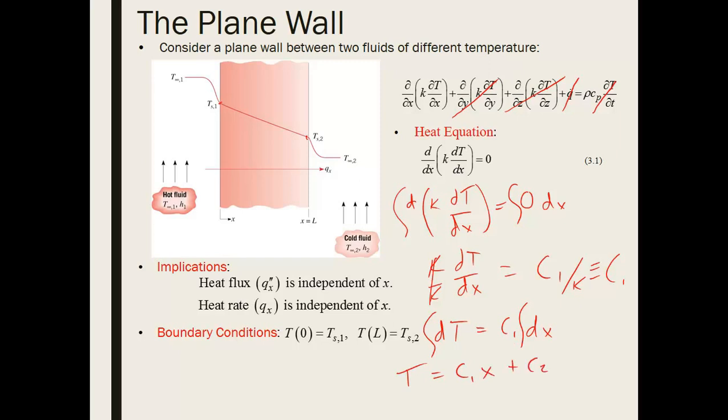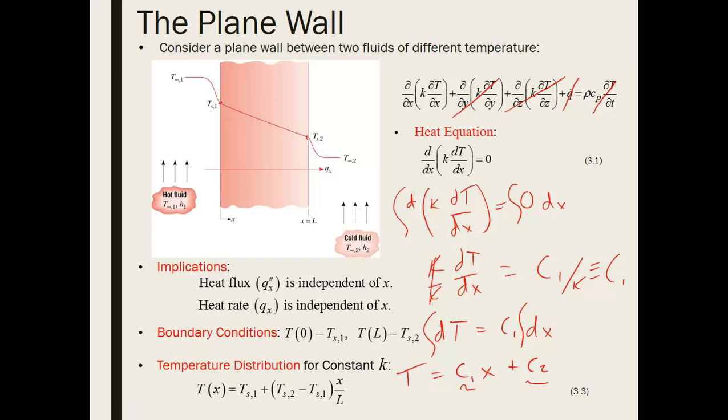So remember, we had two boundary conditions we're going to use. This is a second order differential equation, so we need to have two boundary conditions to specify these two constants of integration. And what you see when you have this particular set of circumstances, when it's a plane wall with a constant thermal conductivity, no generation, and temperature varying only in one dimension, the solution at steady state looks like this.